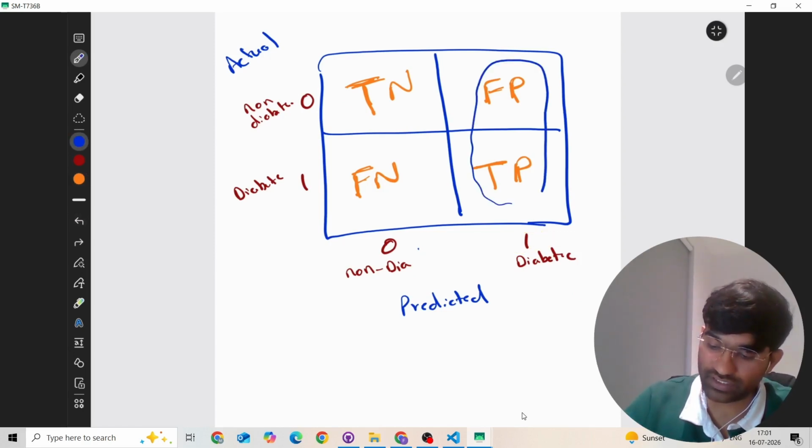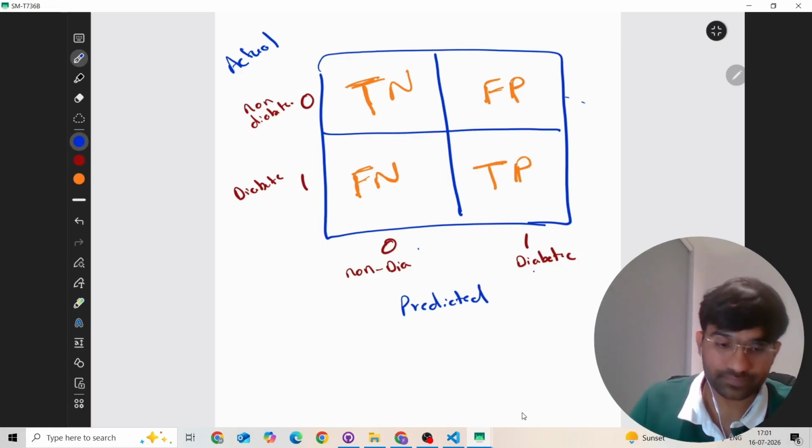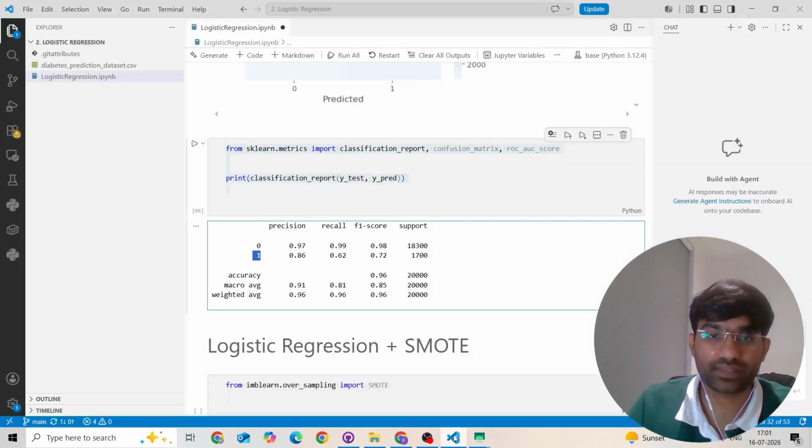What is the precision formula? Precision equals true positive divided by true positive plus false positive. So we are checking whether the patient is diabetic. We have to focus on the diabetes, so we have to check these values.